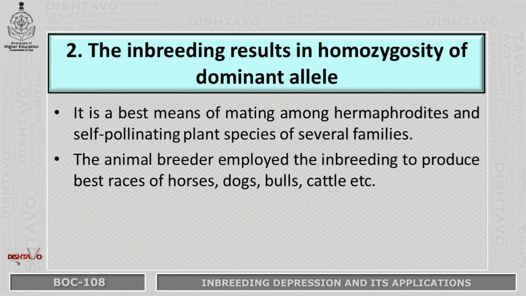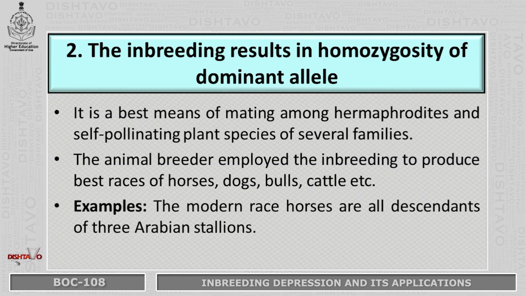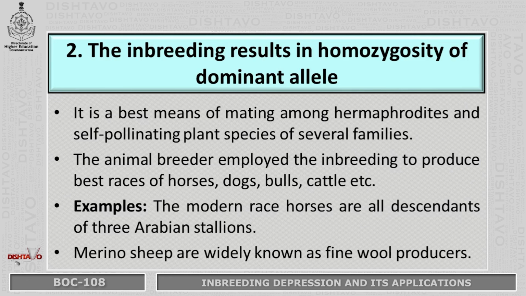The animal breeder employed inbreeding to produce best races of horses, dogs, bulls, cattle, etc. Examples: the modern race horses are all descendants of 3 Arabian stallions. Also, we know merino sheep, which is widely known for its fine wool production.